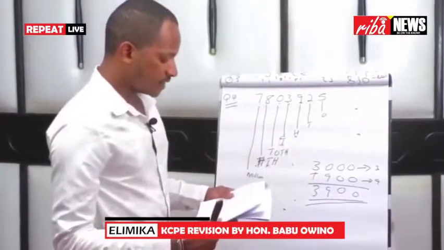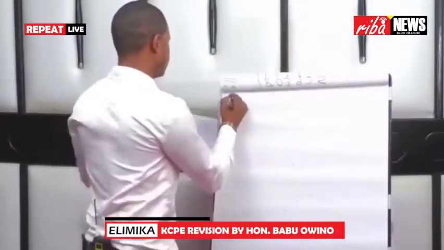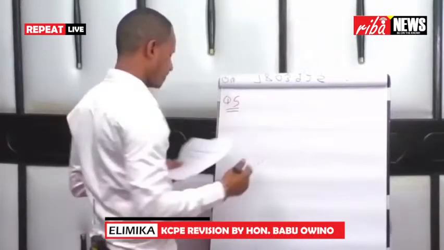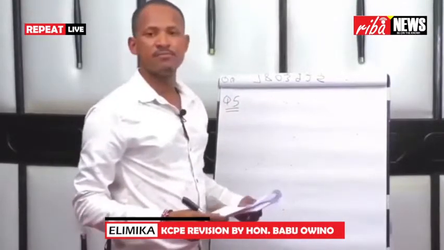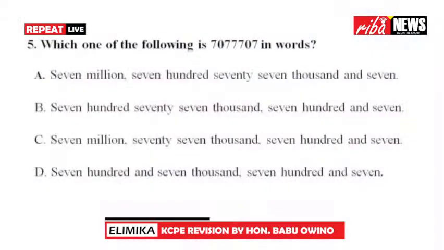Question 5: which one of the following numbers is 7 million? Now, you've been given a problem in words. They want you to write in numbers. So just write 7 million.